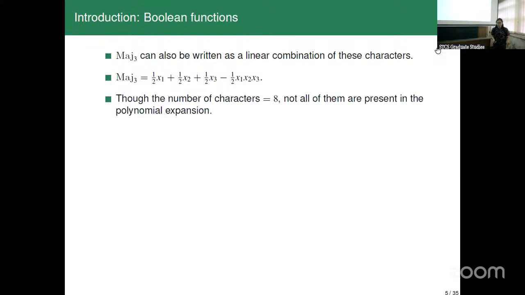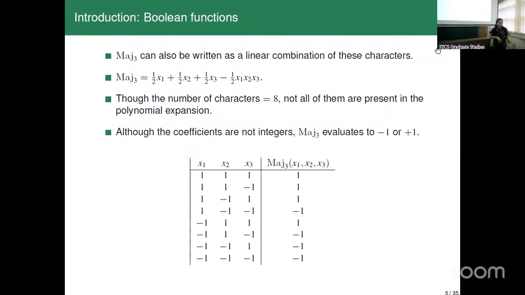Again, here also the coefficients are not integers, but the function evaluates to ±1. The number of characters is equal to 8, but not all the characters are present in the polynomial expansion. This is the truth table again. As you can see, it evaluates to ±1.